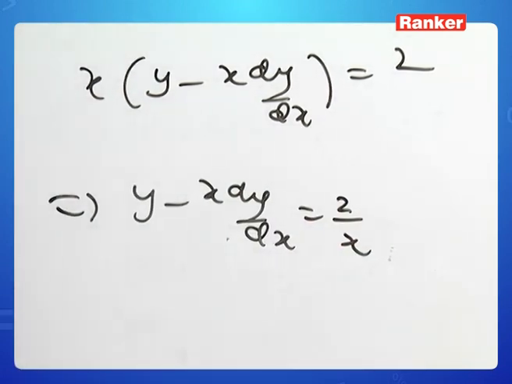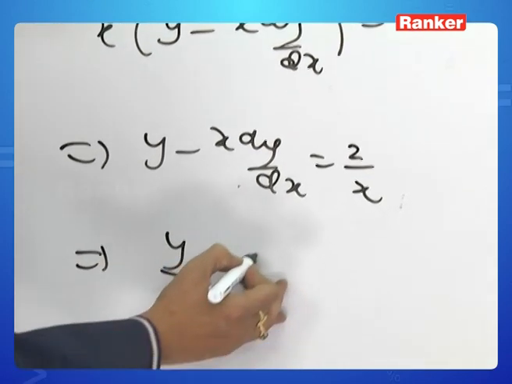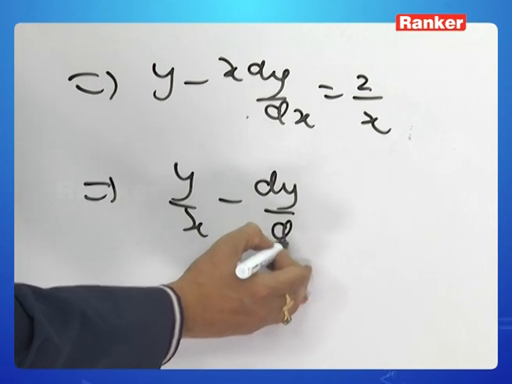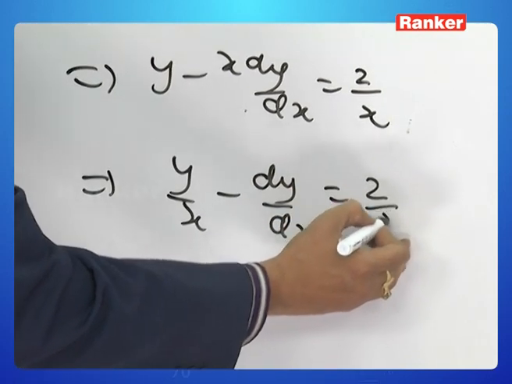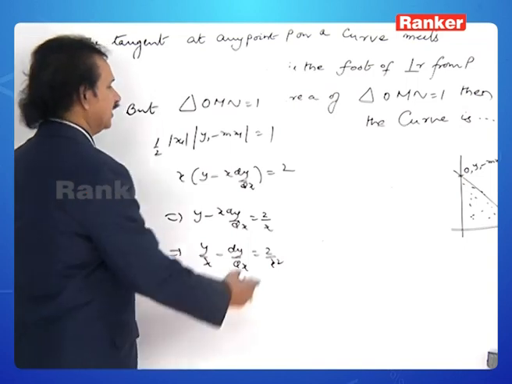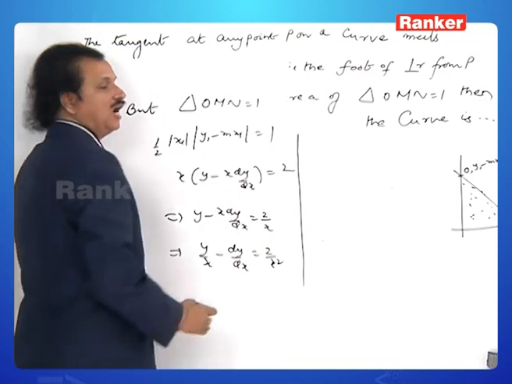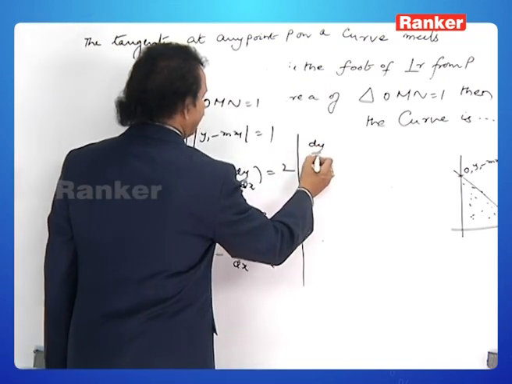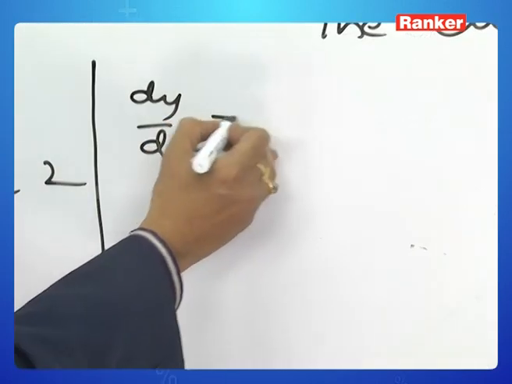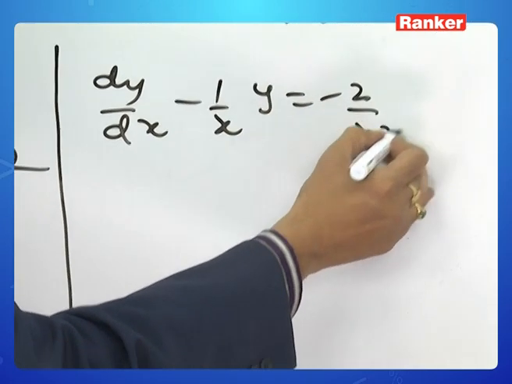Implies y by x minus dy by dx is equal to 2 by x square. Or dy by dx minus 1 by x into y is equal to minus 2 by x square.